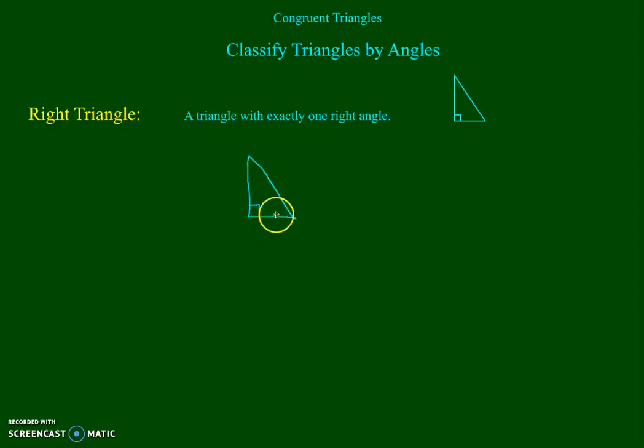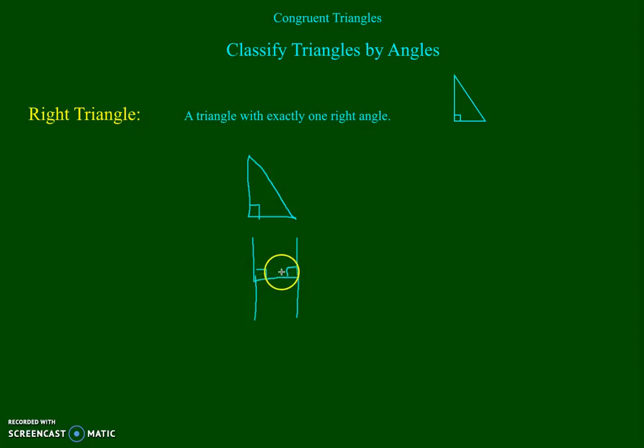Well, if this angle were a right angle, what we would have, if you remember from an earlier unit, is two lines cut by a transversal. Let's extend this a little bit. These angles would then be considered consecutive interior angles. And since they're both 90 degrees, those angles would be supplementary.